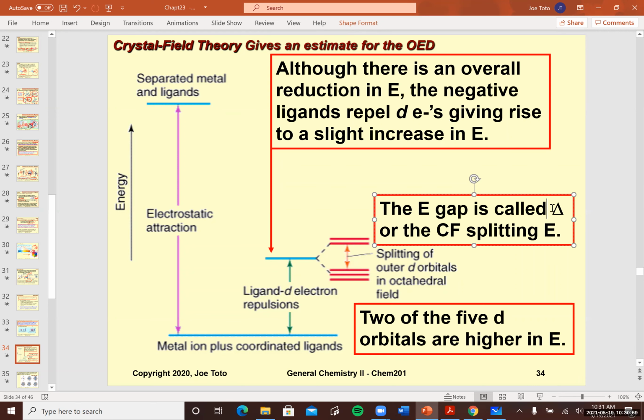Now, this energy gap, this delta, is in the range of the visible. And that's the rationale for why these coordinate covalent complexes have all these really nice colors, like the green crystals and the reds and so forth. So this splitting is right into the visible.